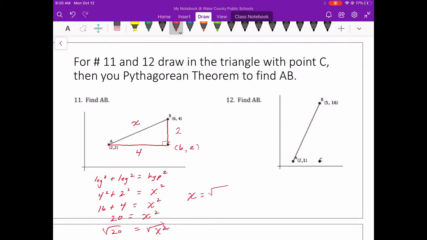You do know that 20 is 4 times 5, and you know what the square root of 4 is. That's 2. And I don't know what the square root of 5 is, so I can leave that in. So that would be simplest radical form. Or again, if your teacher is good with the decimals, you could just type that into your calculator very quickly.